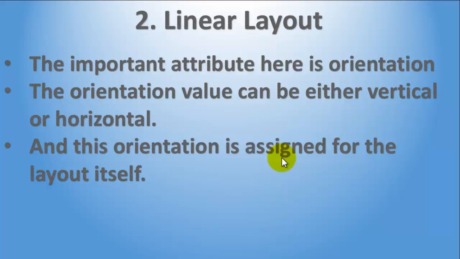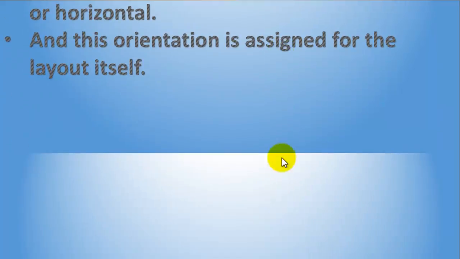So what if I haven't assigned any orientation for this linear layout? By default, if I don't assign any orientation, the linear layout considers itself as horizontal. So if you don't mention the orientation attribute in your layout, it would by default take it as a horizontal layout.